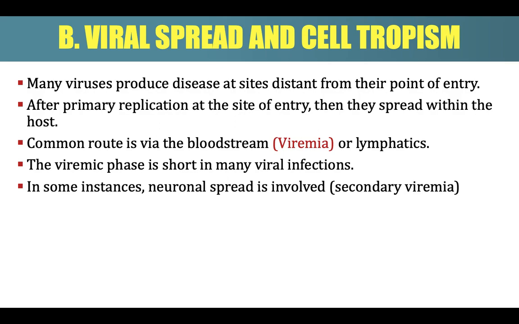As an example, hepatitis B virus has a tropism for liver hepatocytes, and hepatitis is the primary disease caused by the virus. So some viruses have specific cells they go to, for example the hepatitis virus.